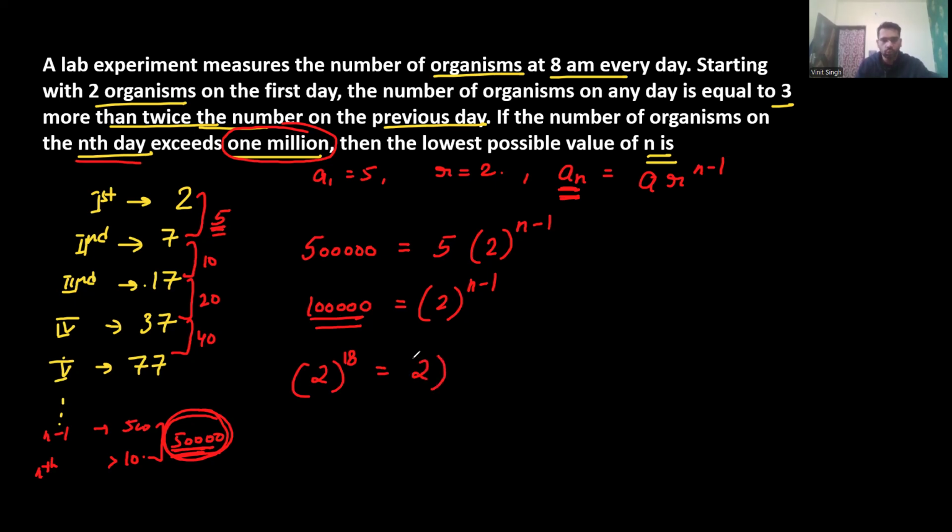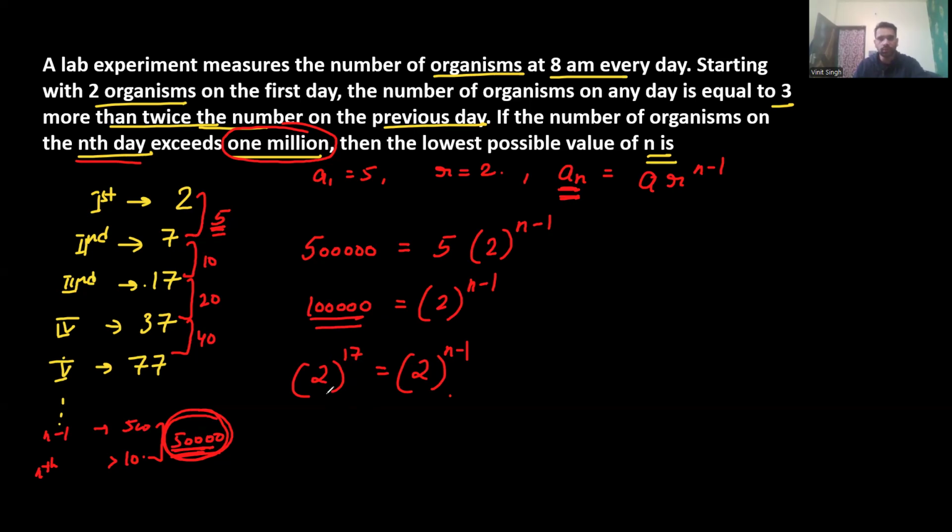Here the power is not 18 but 17. 2 to the power 17 is near about 1 lakh, and that is when the term is greater than 1 lakh.